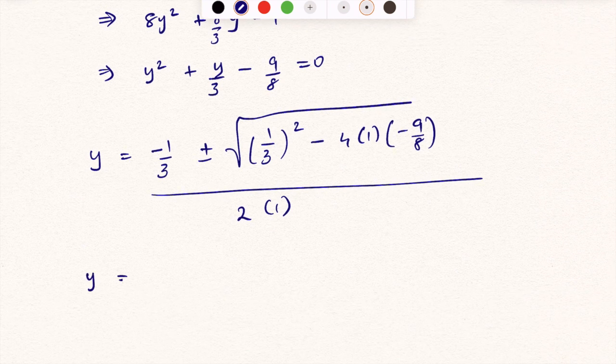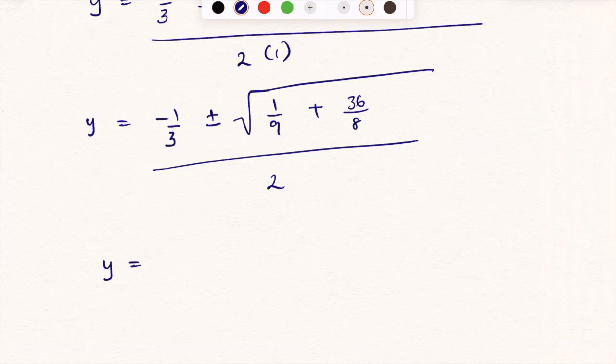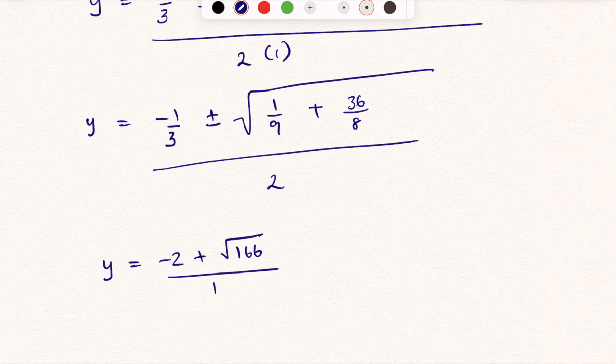So you have, simplifying this a bit further, minus 1/3 plus or minus the square root of 1 over 9 plus 36 divided by 8, divided by 2. That gives us two possible options. You have minus 2 plus the square root of 166 divided by 12, or minus 2 minus the square root of 166 divided by 12.